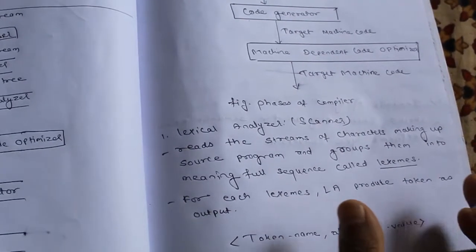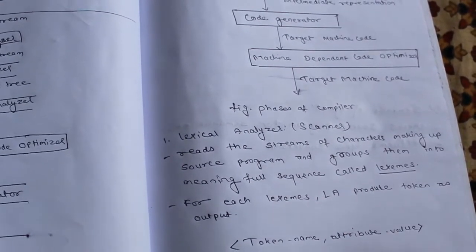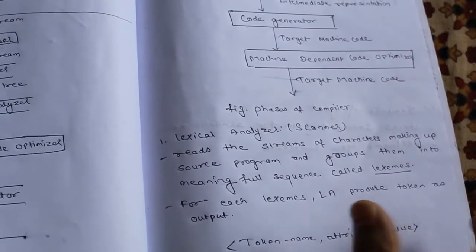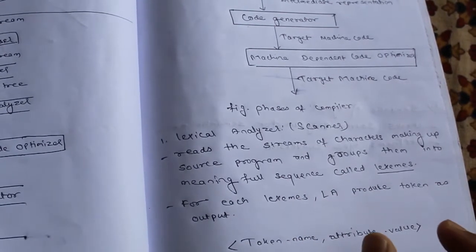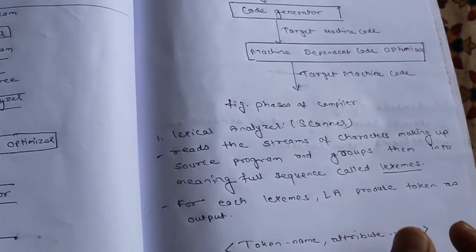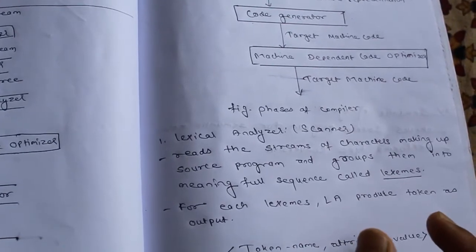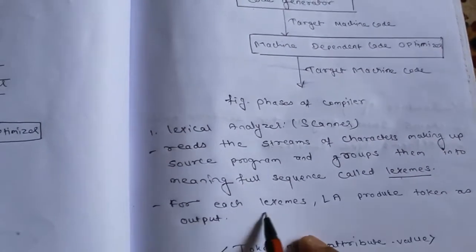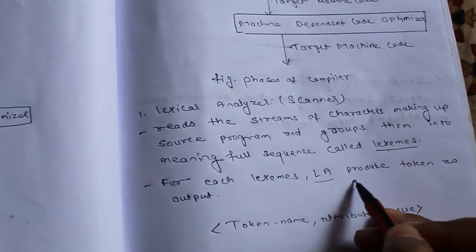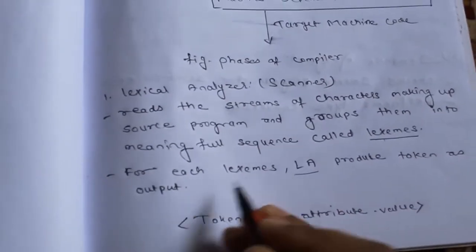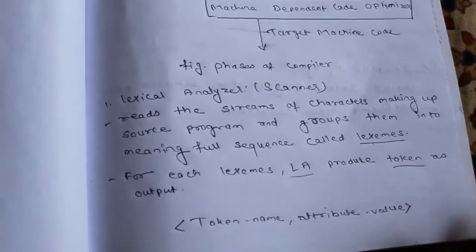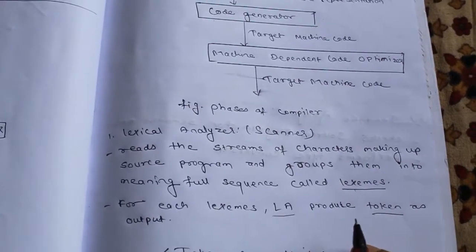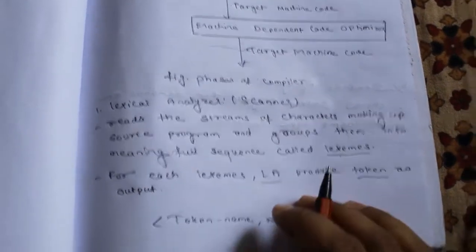So it takes the stream of characters from the source code and groups them into a meaningful sequence that we call a lexeme. For each lexeme, the lexical analyzer produces a token as output. The main function of the lexical analyzer is to produce tokens.